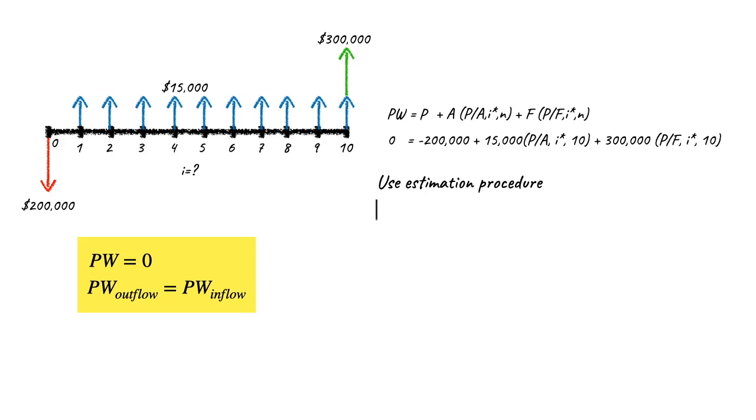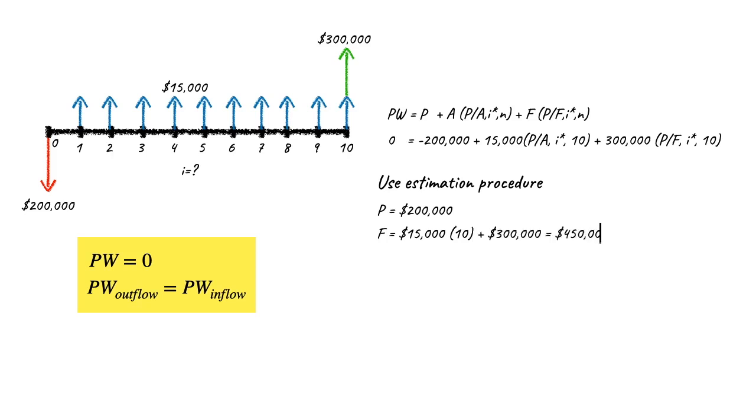In this estimation procedure, we take the outflow of money of 200,000 as P, and as for the inflow of money, or the arrow pointed upwards, we will just total the annual worth and final worth together without considering the conversion factor. So 15,000 multiplied by 10 times, plus the final 300,000.